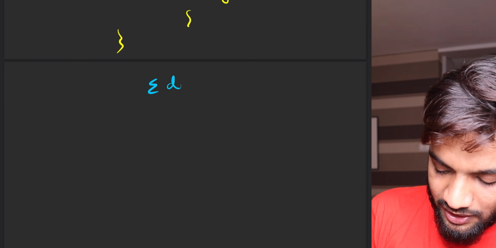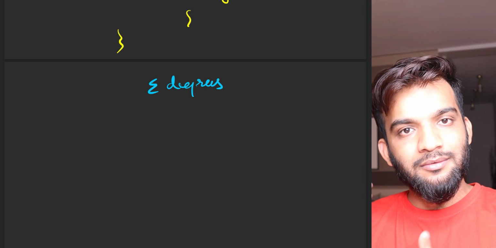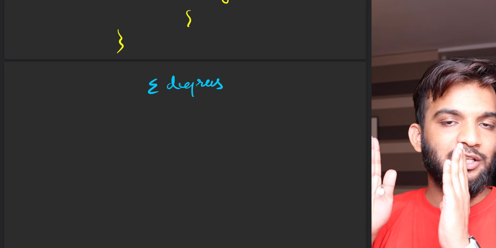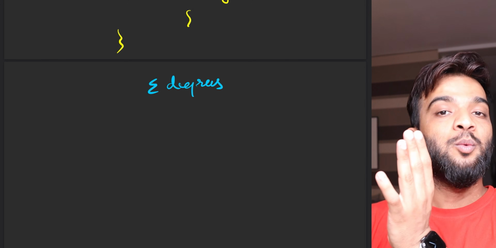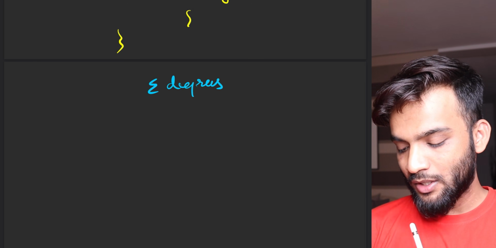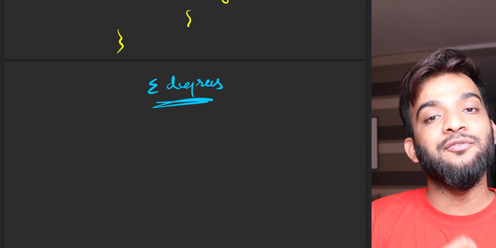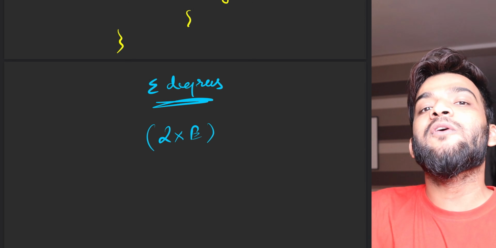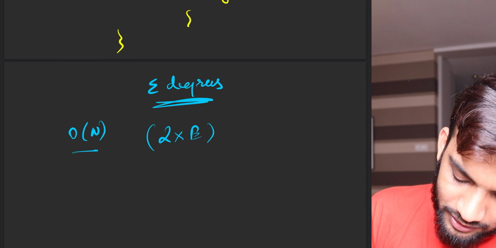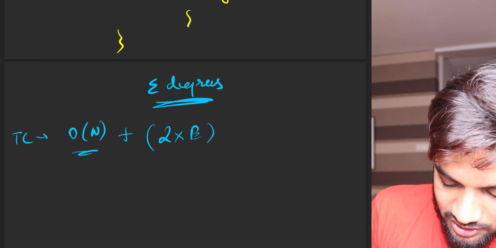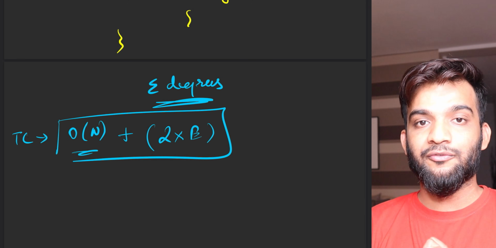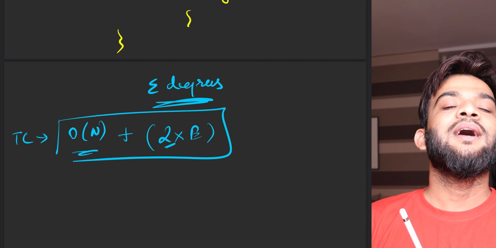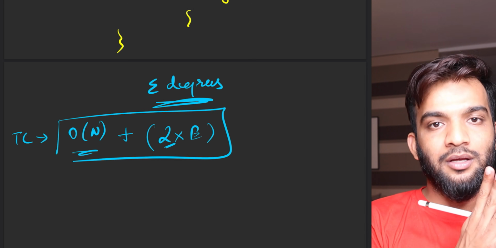I can say summation of degrees, because for every node it will be the number of neighbors plus number of neighbors plus number of neighbors, which is equivalent to degree of a node plus degree of a node plus degree of a node, which is equivalent to summation of degree, right? So what is the summation of degree? If you remember the first lecture, that is 2 into number of edges, and then for every node you're calling the function once, so O of n for calling the recursion once. So this is the time complexity for an undirected graph. For a directed graph, it will depend on the number of edges, so this 2 will go off, and the number of edges is what it will boil down to.